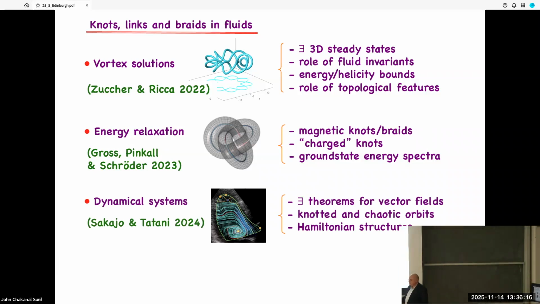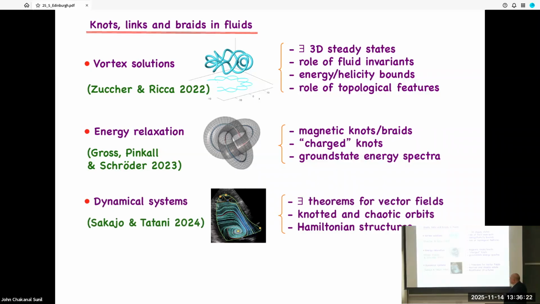Another obvious context is dynamical systems. This is a very beautiful work by Cesarone and Tattani, where they analyze the flow lines in the blood near the heart, and they classify lots of features that have a topological character.